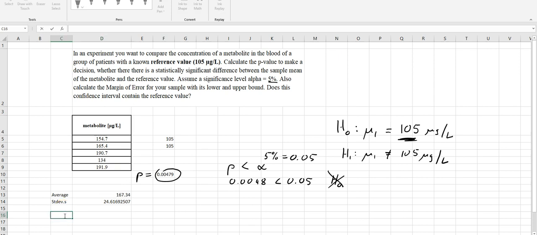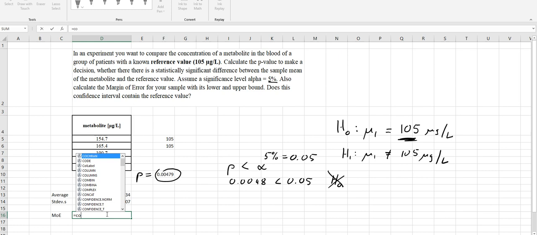And what we can do now is calculate a confidence interval, or a margin of error here. This is done with the confidence function, and because we are dealing with a sample where we don't know the population standard deviation, we use CONFIDENCE.T. It asks us for our alpha, this was 0.05.